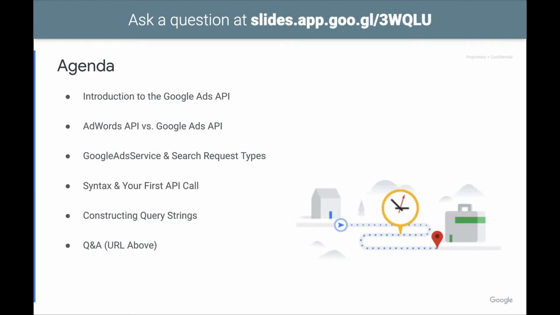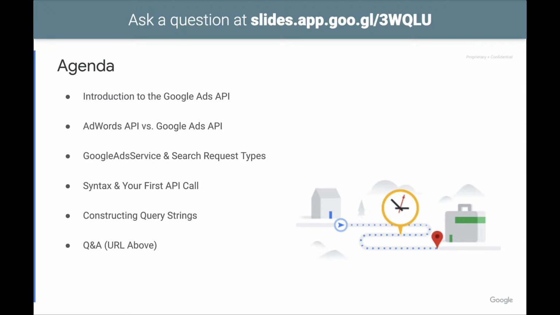So here's the agenda. This is what we'll be talking through today. Before we get started on reporting and the Google Ads query language, we'll quickly cover an introduction to the Google Ads API, just to give you a foundation.